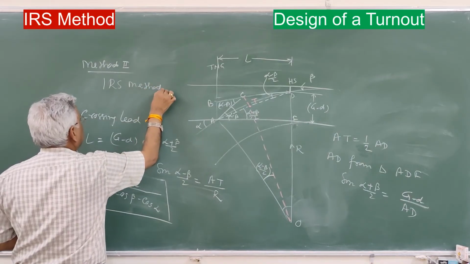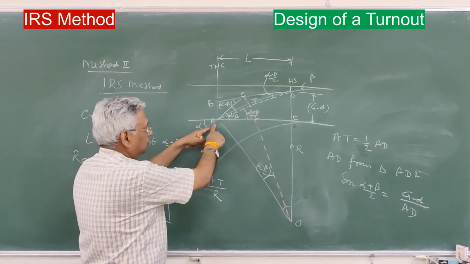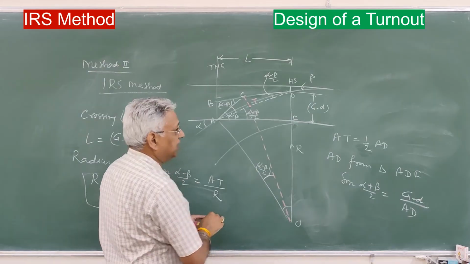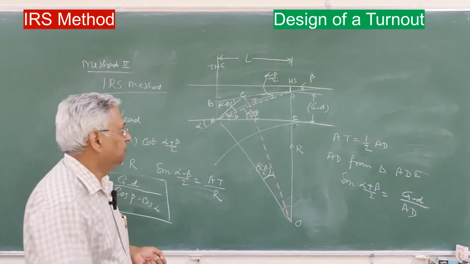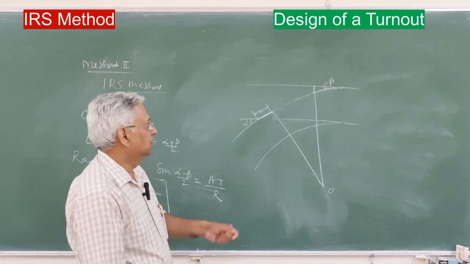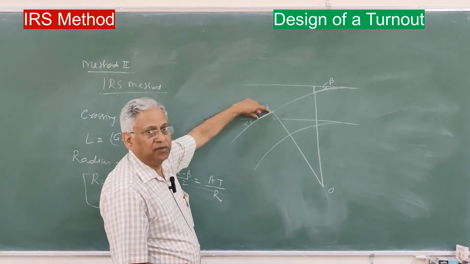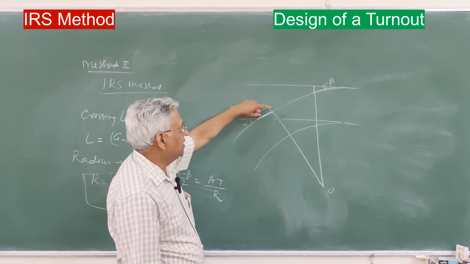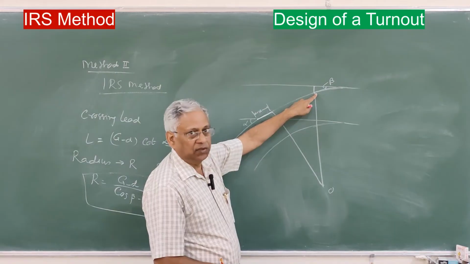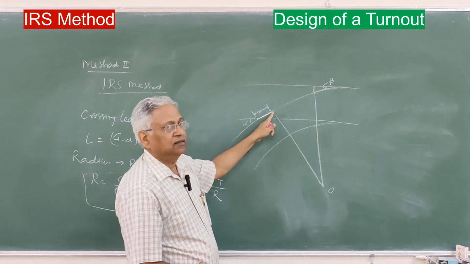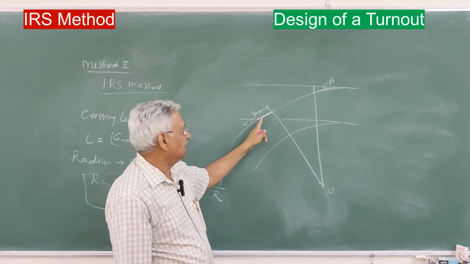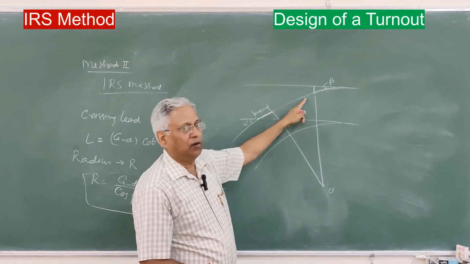This kink at the crossing is also removed, but by providing a straight arm which is tangential to this curve. A straight arm is provided here, and your curve starts from the heel of the switch and it ends at this point. So this arm is also tangential to the curve now.